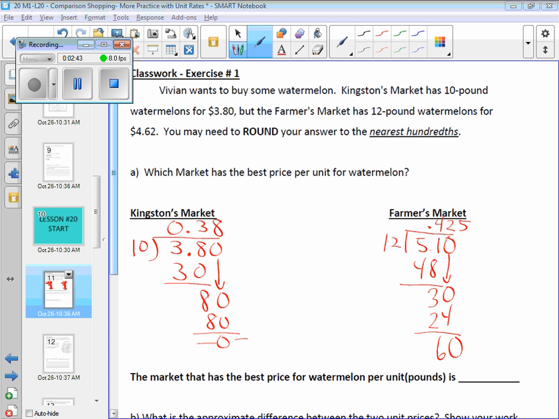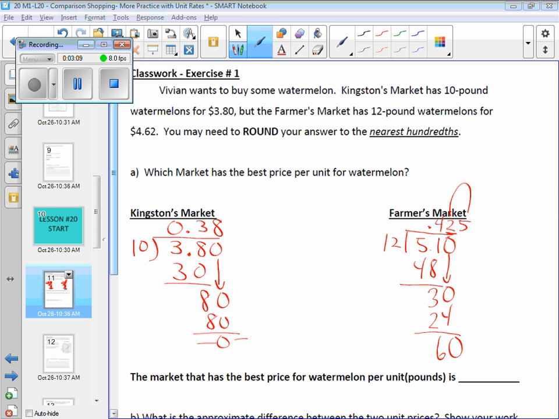What is the second digit? Place value name for the second digit. Yeah, this is our hundredths, or the second digit if you want. It helps you. It's 2 place values to the right of the decimal.